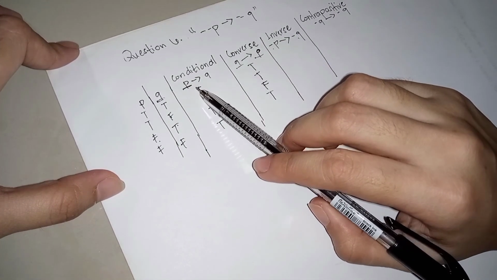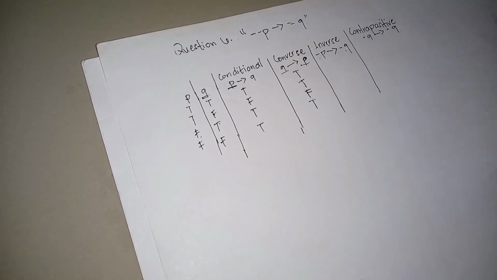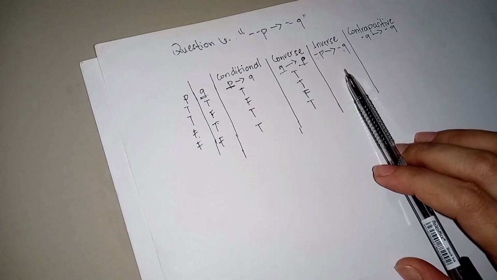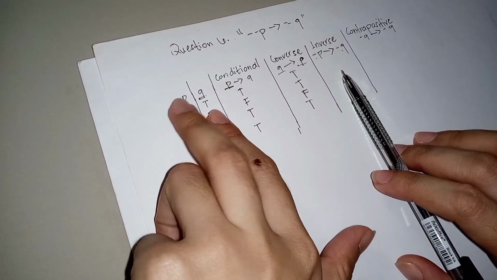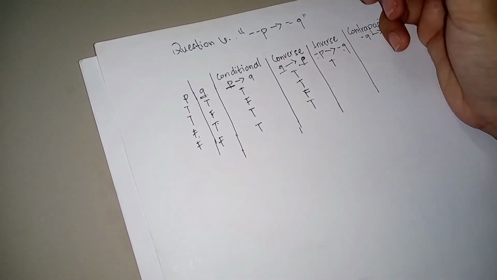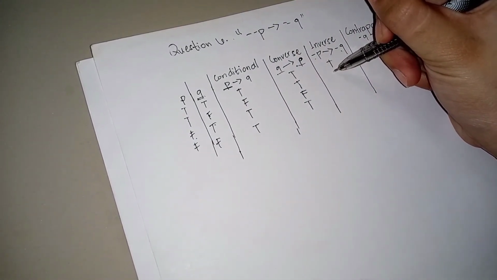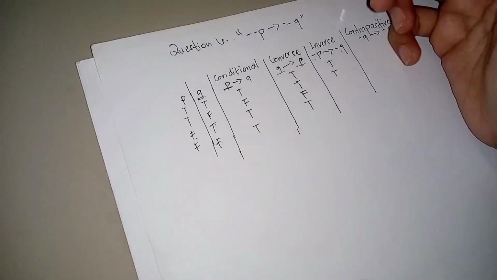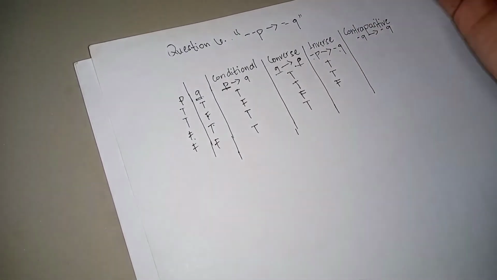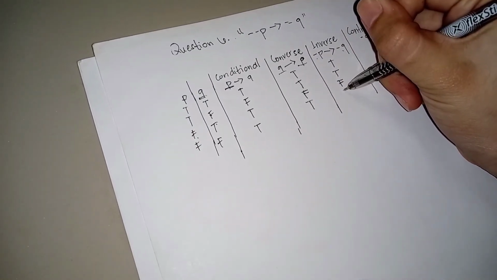Then we look for the negation of P and the negation of Q. For P and Q, we find the result that goes here. So TT equals T, true F equals T, FT equals F, and FF equals true.